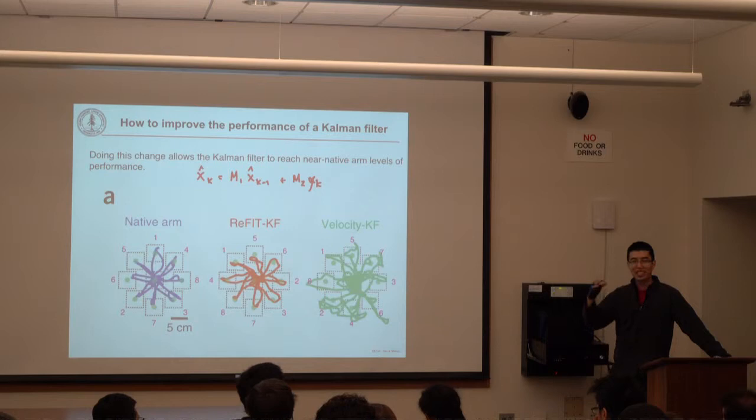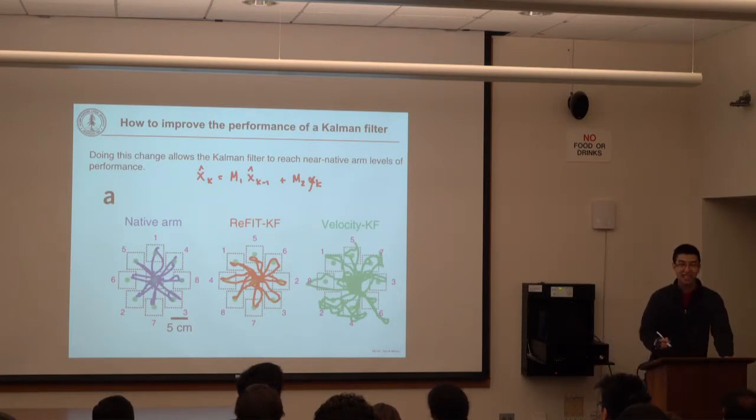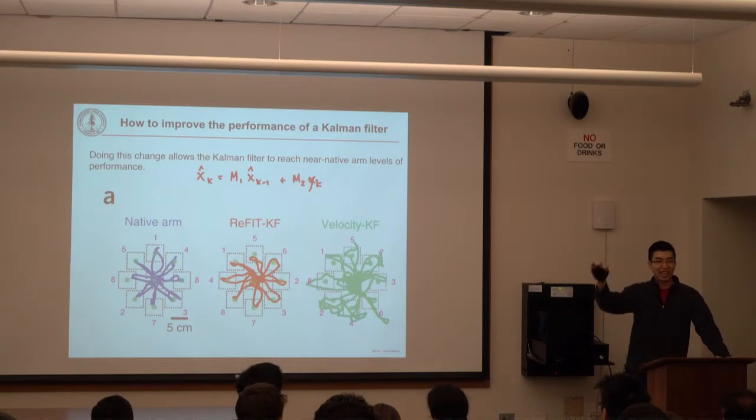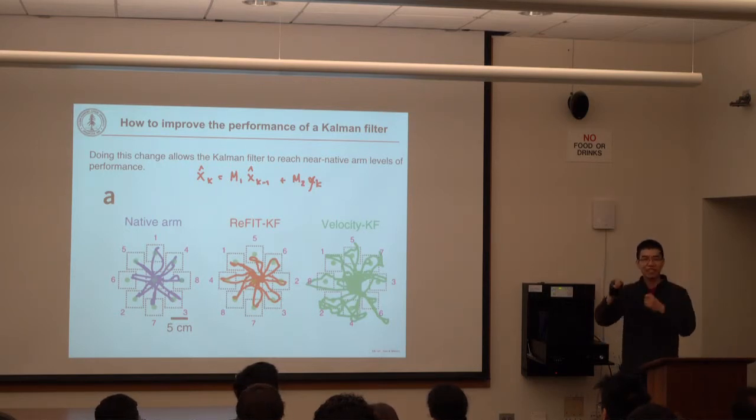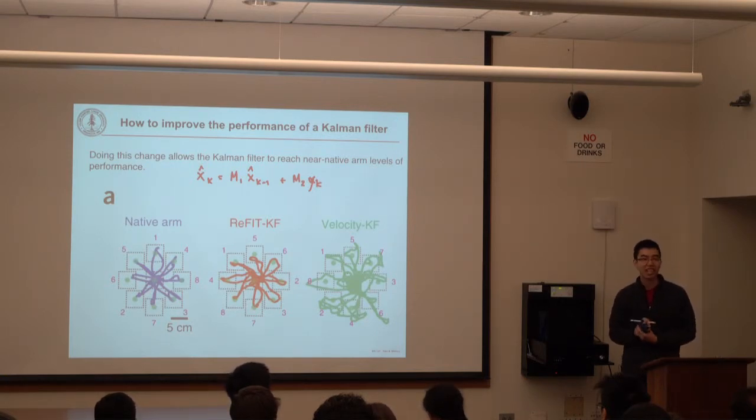And so what we actually see the monkeys do, because they see this cursor updating and can change their strategy, is that when they reach these targets using this very poor velocity KF, they'll start moving their hand in a circle. Moving their hand in a circle is just commanding all sorts of different velocities all over the place. And on average, this tends to cancel out to something close to 0, allowing them to hold the target. So this is a strategy that the monkey developed due to the poor intention estimation of the velocity KF.